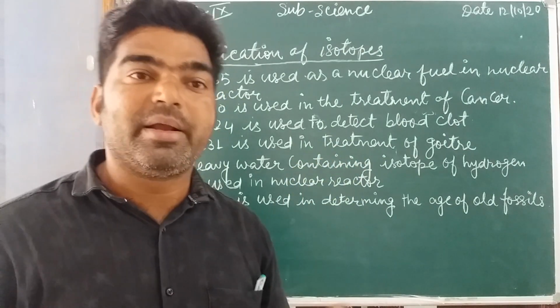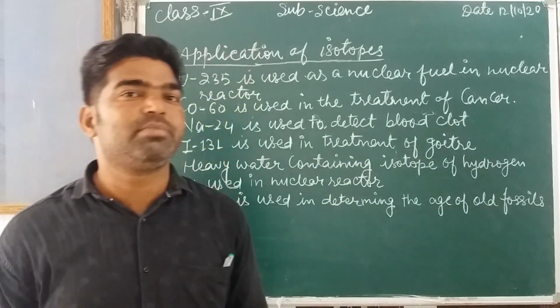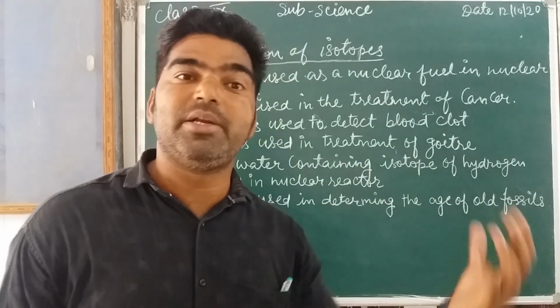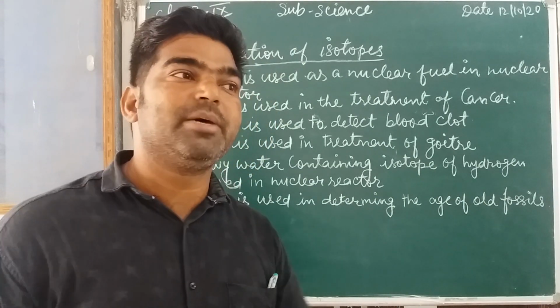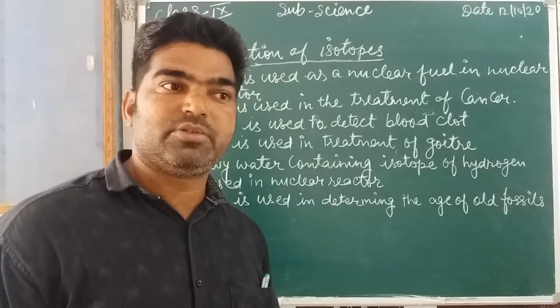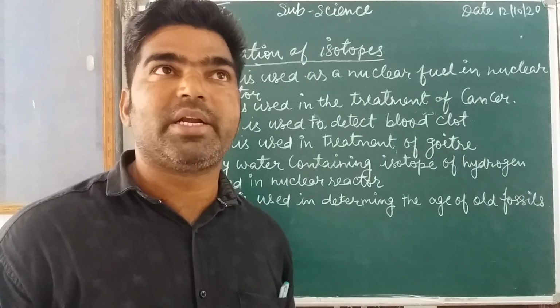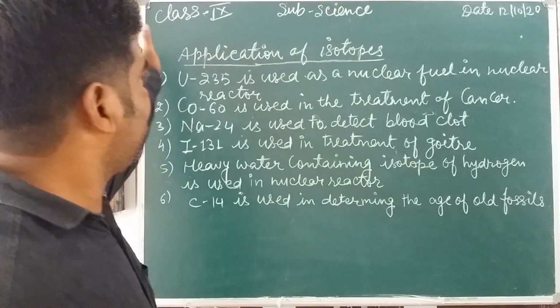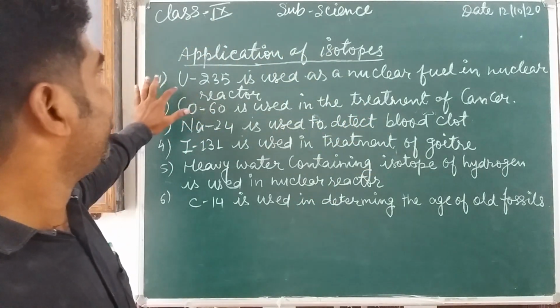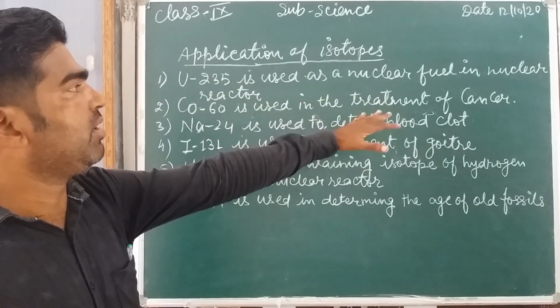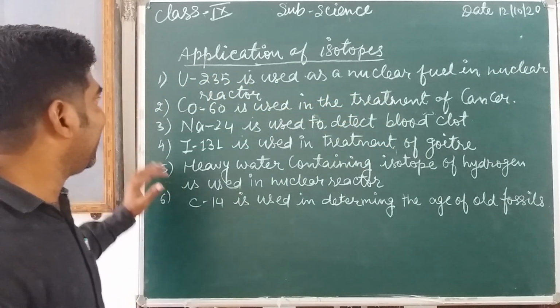Uranium is a radioactive element, meaning an element with a heavy nucleus that radiates radioactive waves. Uranium-235 is used as nuclear fuel in a nuclear reactor.